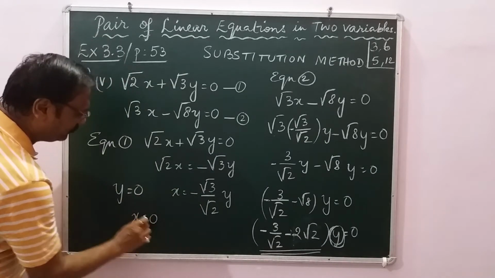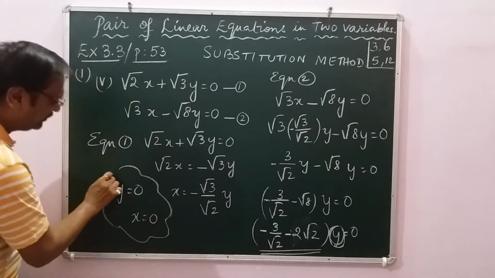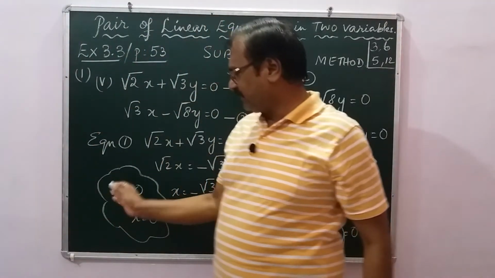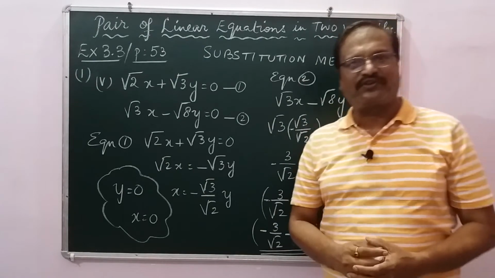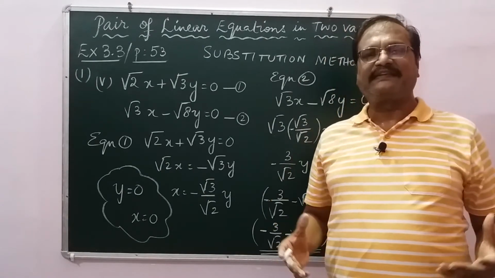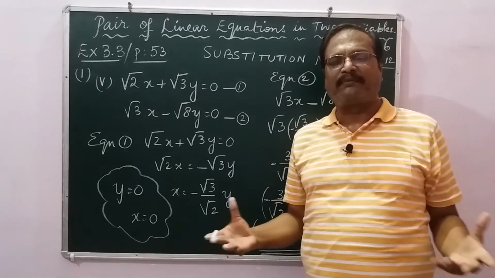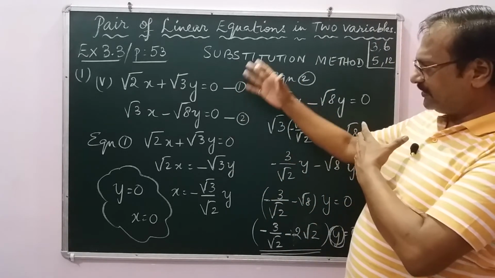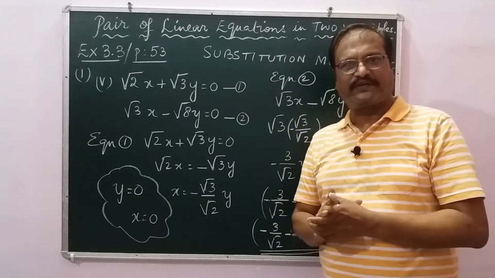So, x is equal to 0. You remember in the previous case also, x and y had 0 and 0 as the answer. That means it has an infinite number of solutions for this particular set of linear equations.